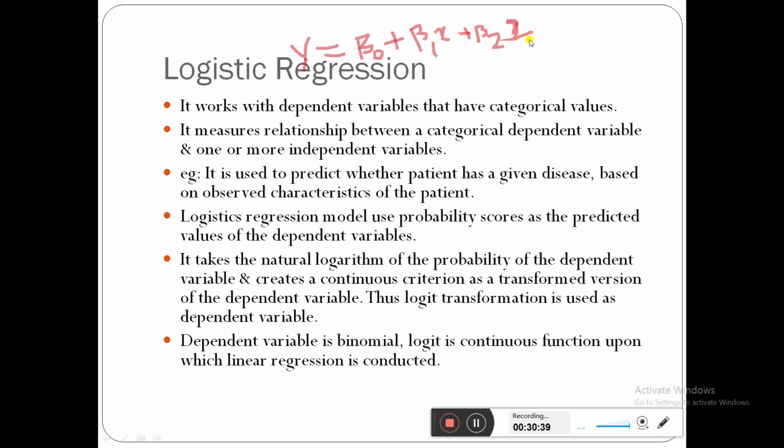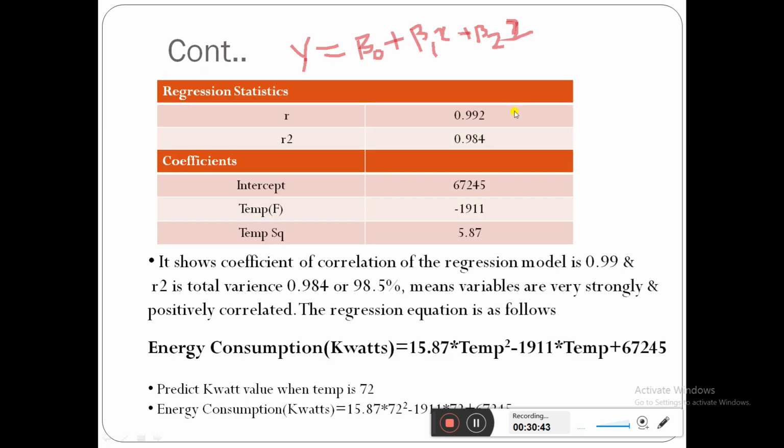Another variable we are taking here, z, is the temperature square. We are taking temperature square as another variable. This is our z and this is our x, with beta 0, beta 1 and beta 2. These are the variables we are going to take and we are going to find the answer.